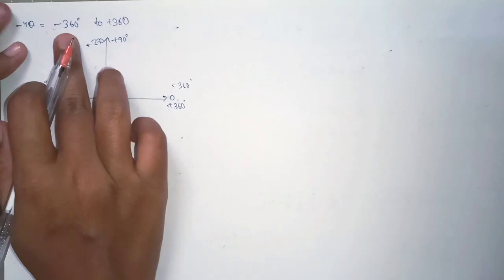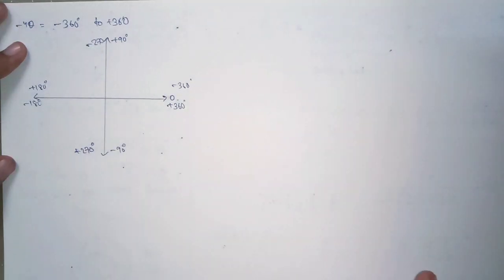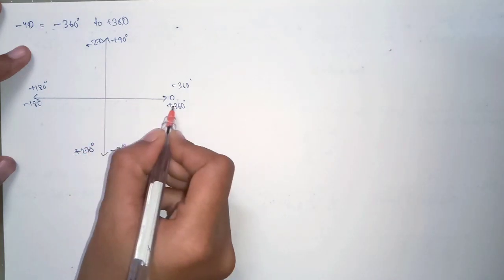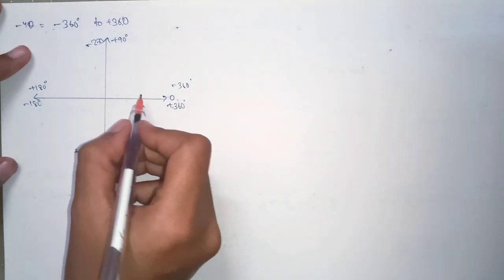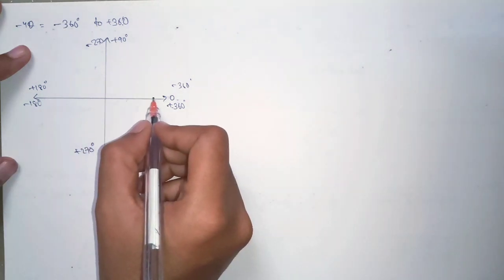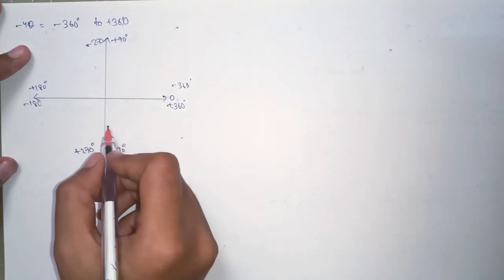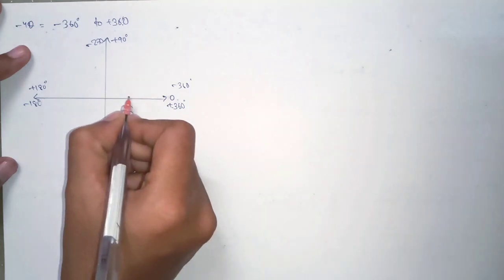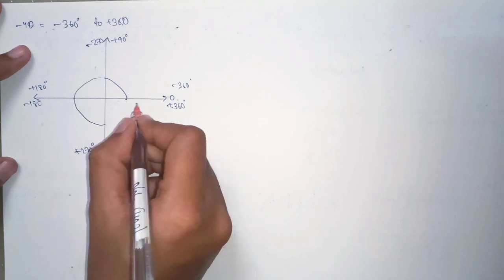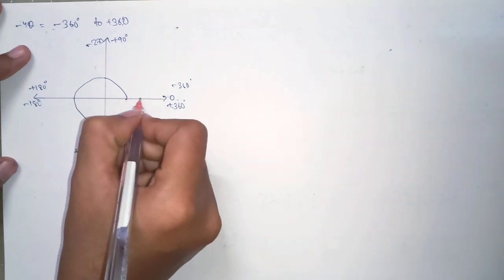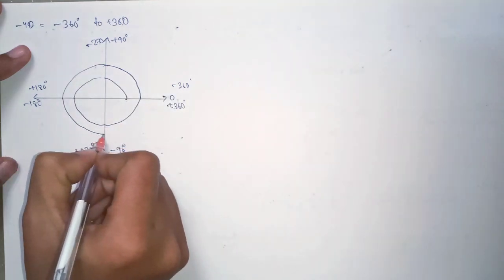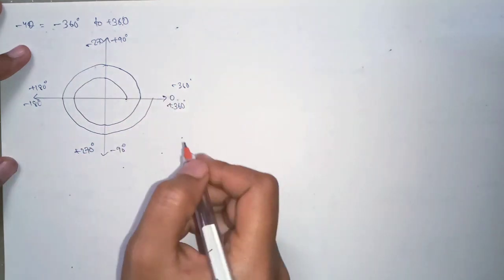So we are starting from minus 360, then going towards the positive side, minus 270, minus 180, minus 90, and 0. From 0 we'll go to plus 90, plus 180, plus 270, and plus 360.